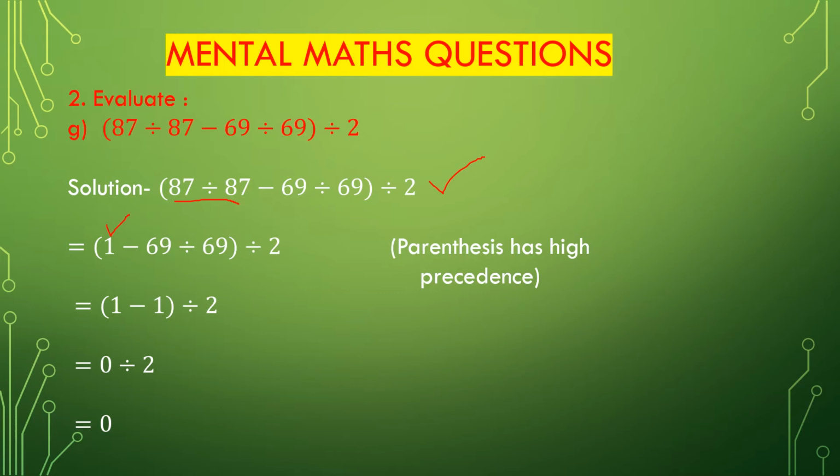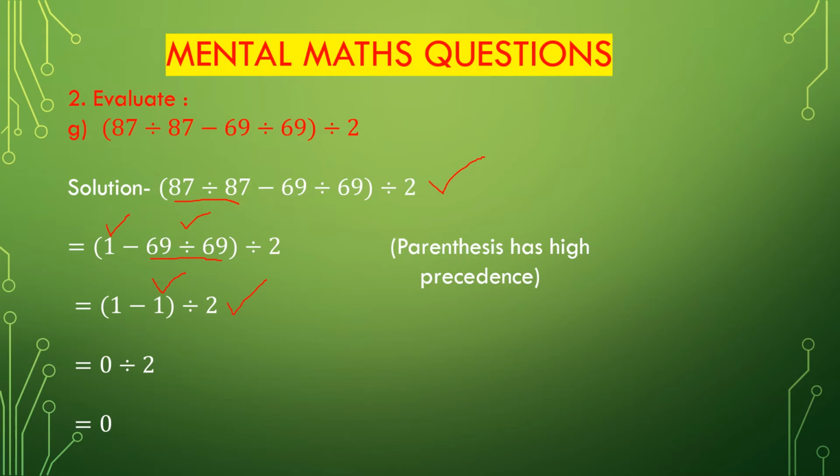1 minus 69 divided by 69. Now the division operation, 69 divided by 69, will be performed, and 69 divided by 69 is 1. We know any whole number divided by the same whole number, we get 1 only. 1 minus 1, that is inside the bracket, divided by 2.